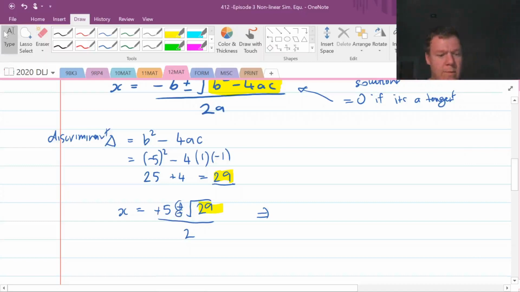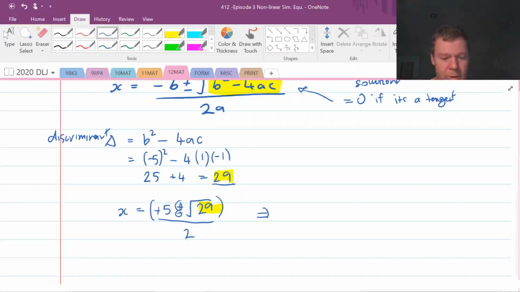So 5, and I like to put a bracket around there because I'm going to divide the whole thing by 2. And sometimes your calculator will not do that automatically. 5 plus square root 29, close bracket, divided by 2.